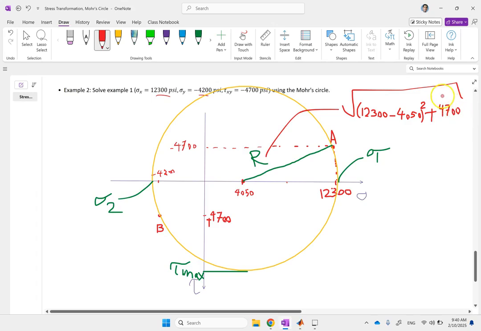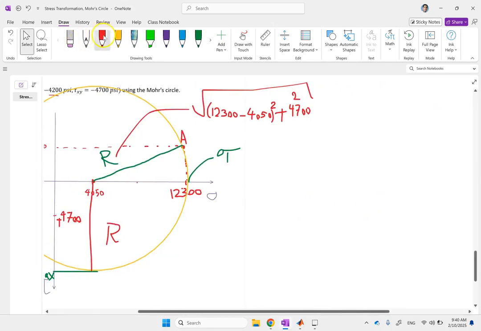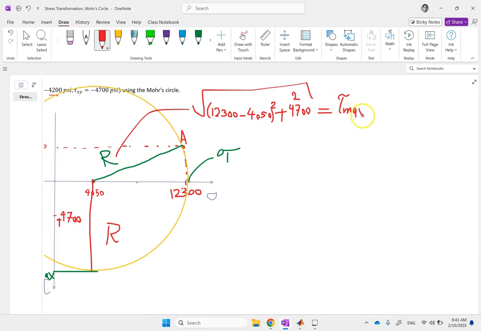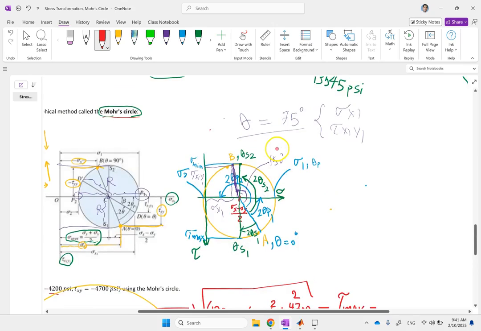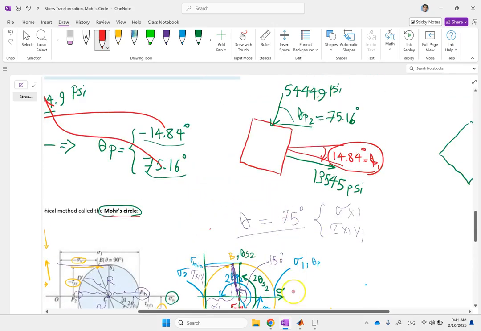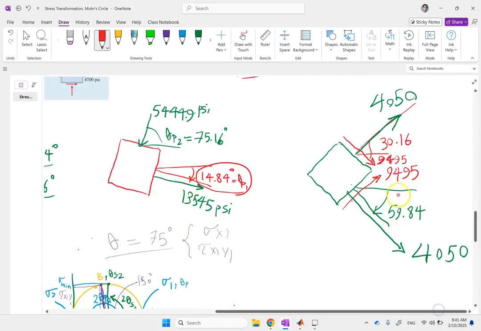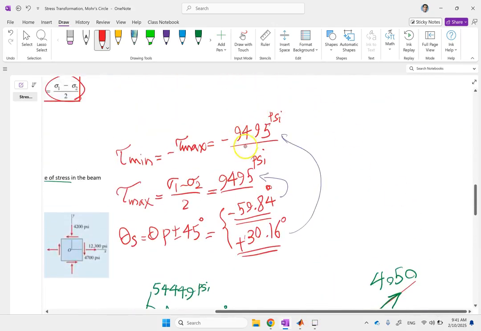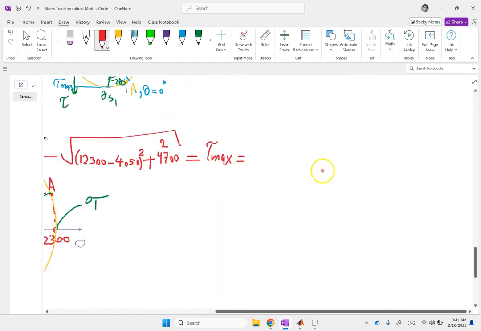And that should give you your tau max also, because that radius, as I said, this radius here is the same as tau max. So that will directly give me tau max, and I bet if you use your calculator, you are going to get the same number as we found before. Your tau max should be, let's see if you have it here, 94.95.